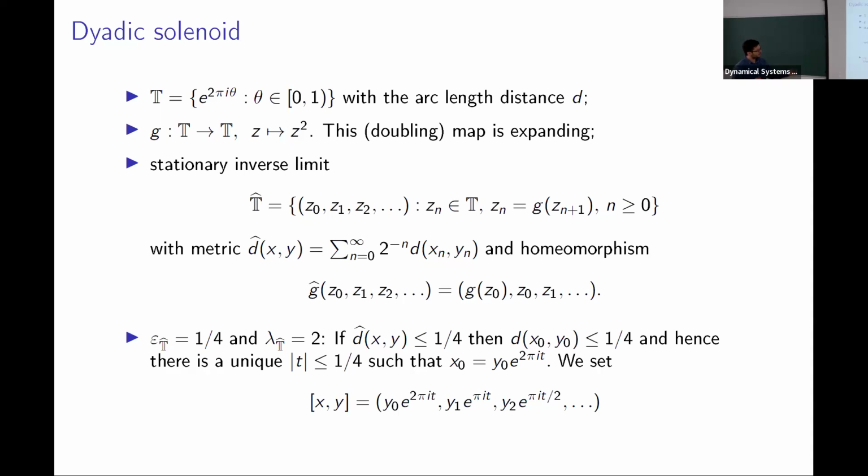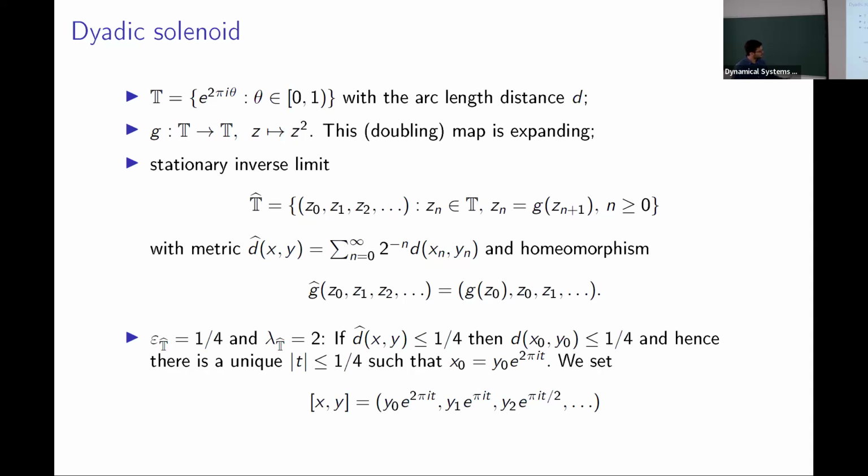Therefore, we consider the space of one-sided infinite words, where the symbols are in the unit circle, such that z_1 squared is equal to z_0, z_2 squared is equal to z_1, and so on. And you can now metrize it.